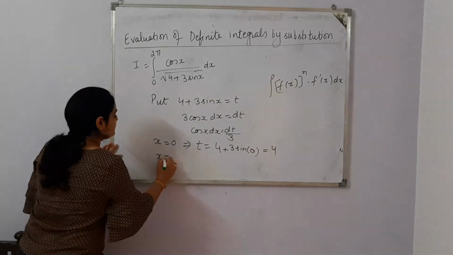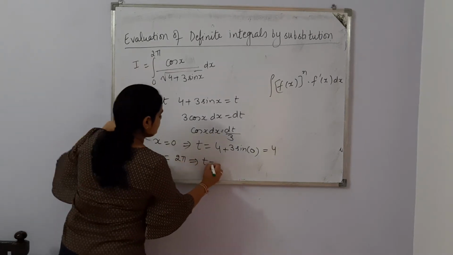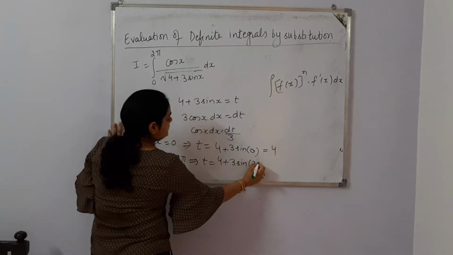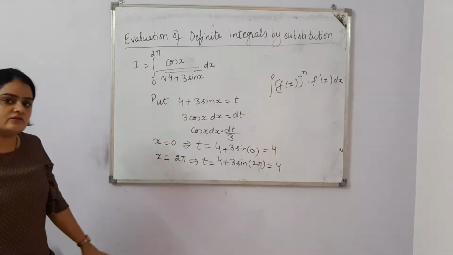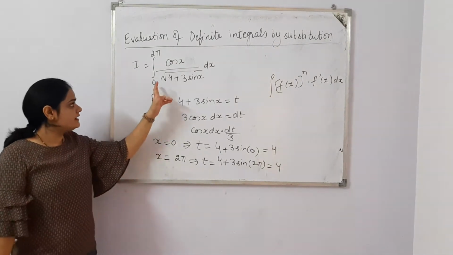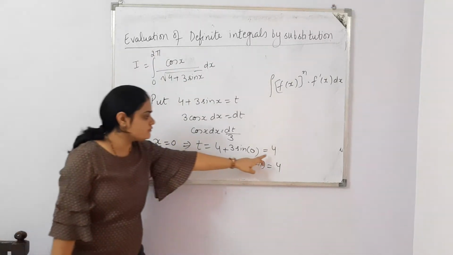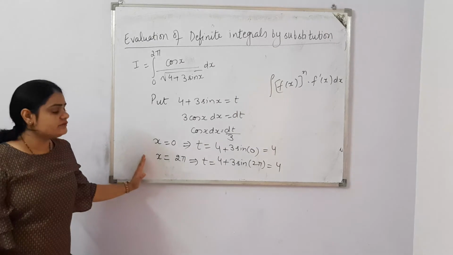Whenever x is equal to 2 pi, t is equal to 4 plus 3 into sine of 2 pi. Sine 2 pi is again 0, so again t is equal to 4. Here the lower limit was 0 and the upper limit was 2 pi. Here the lower limit is 4 and the upper limit is again 4. Now these are the limits for t.